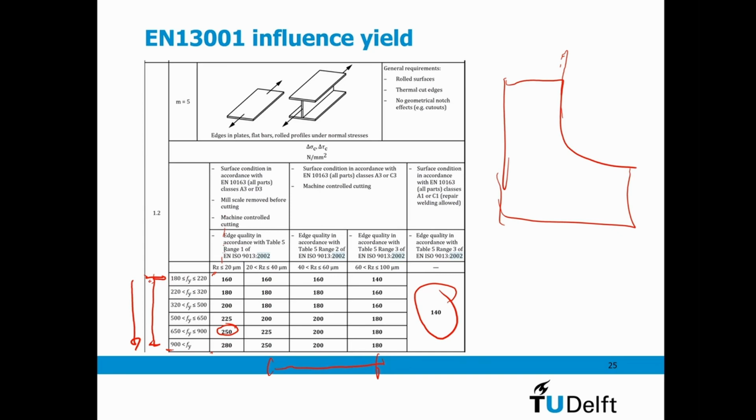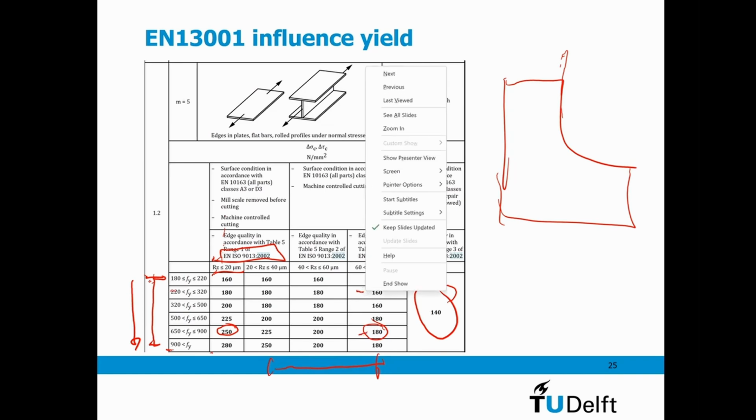If the plate surface condition is according to this standard, and the variation is less than 20 micrometers. Yeah, and if you do not control that, you end up with the same limit as normal steel, slightly more. It's 180, while 160 is mild steel.